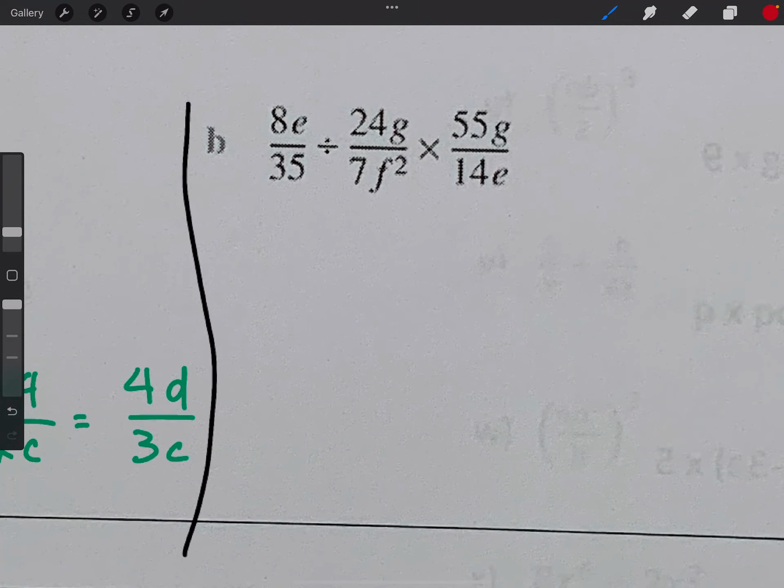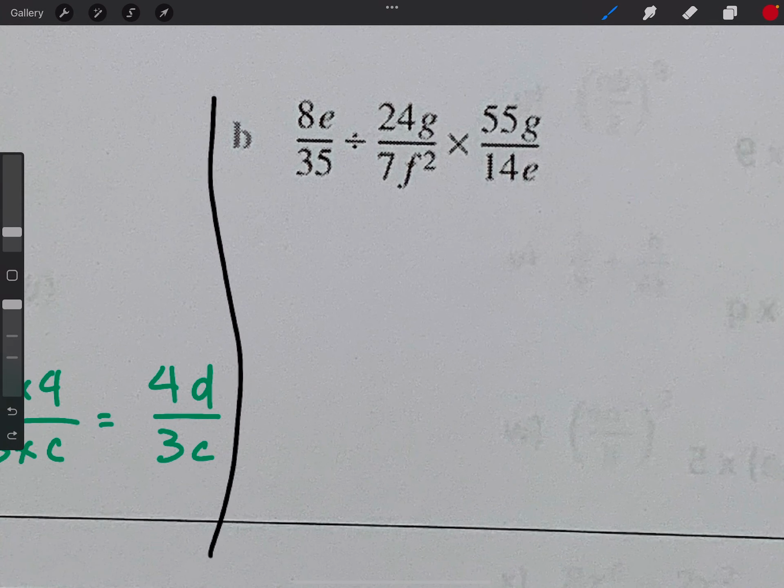Again, we do step by step. We do this one first. Actually, you know, you can do all of it together if you're good enough. If you actually understand that, you can do it all together. So I'll show you how to do this all together. So we can say 8e over 35.